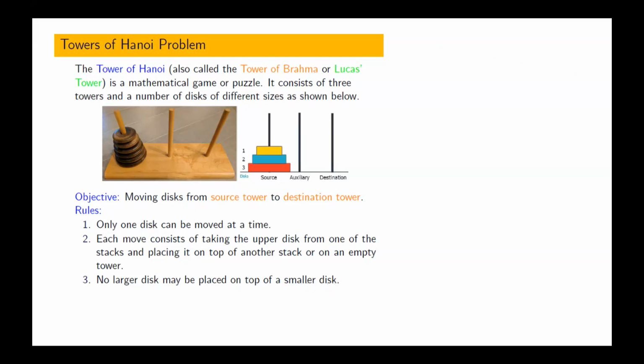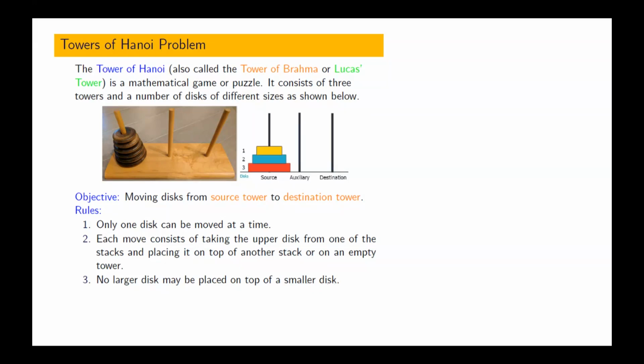Below there are 3 pillars, or poles, where there are 64 golden discs, and the people move discs from one pole to another pole according to the rules of Brahma. These are the rules given here.